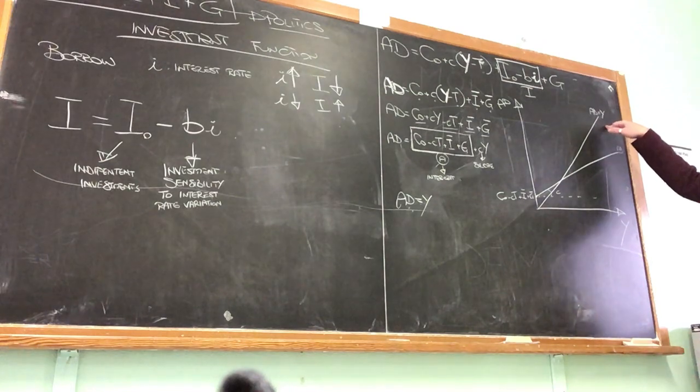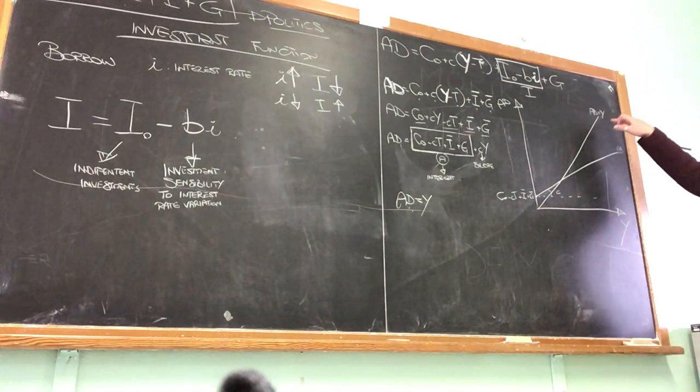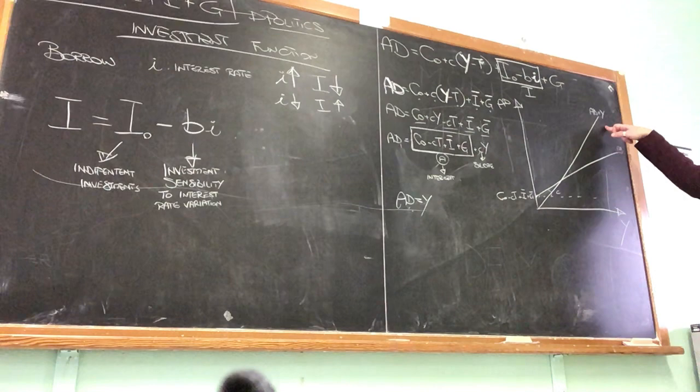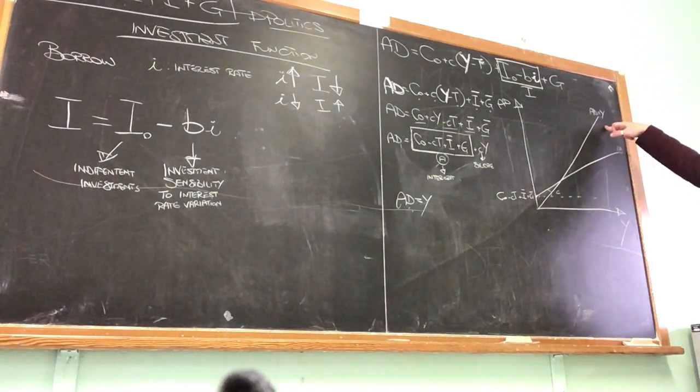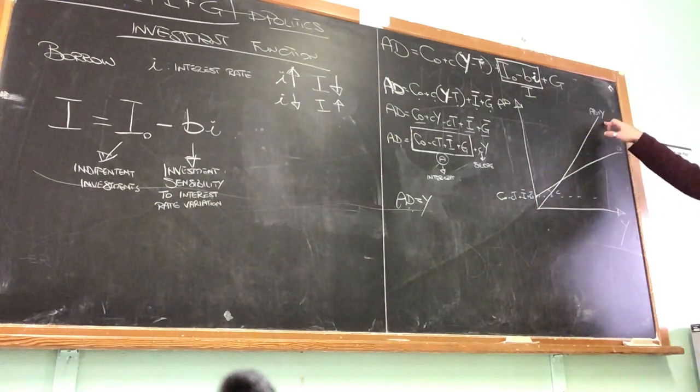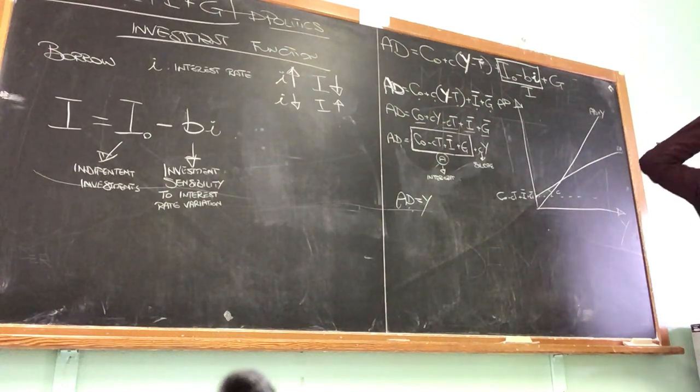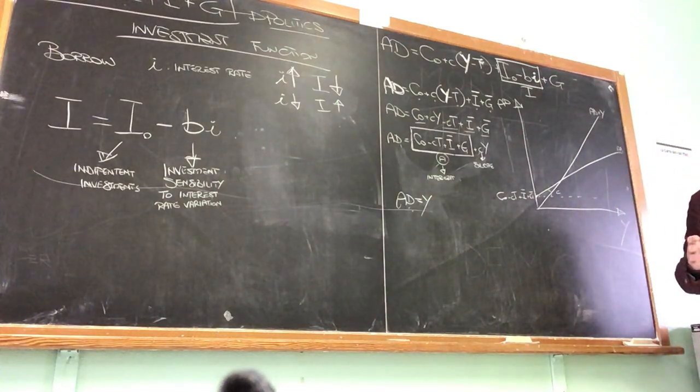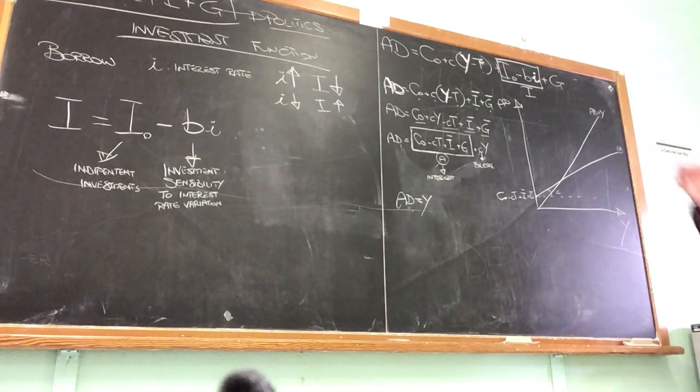Okay, so the bisect of Q1 represents the equilibrium in the goods market. So all the points that are on this straight line represent an equilibrium in the goods market, meaning that aggregate demand is equal to income.